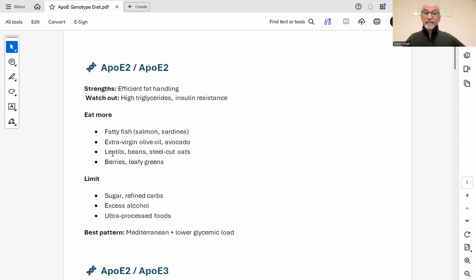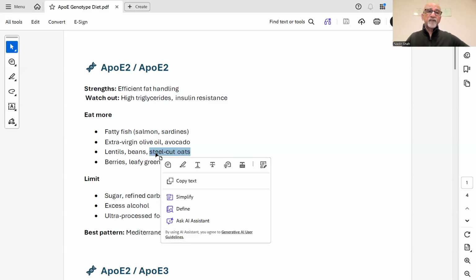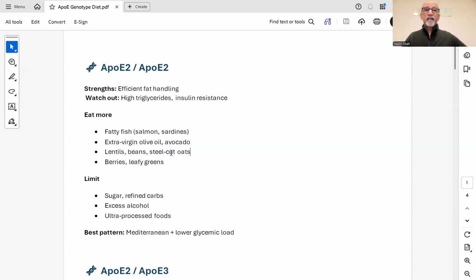Okay, lentils, beans, steel cut oats. Now it's listed here that steel cut oats, but oats have some amount of complex carbs, so you have to watch your triglyceride based on the steel cut oats. If your lipid panel is reflecting that your triglyceride is shooting up, then you have to find some alternative to steel cut oats.